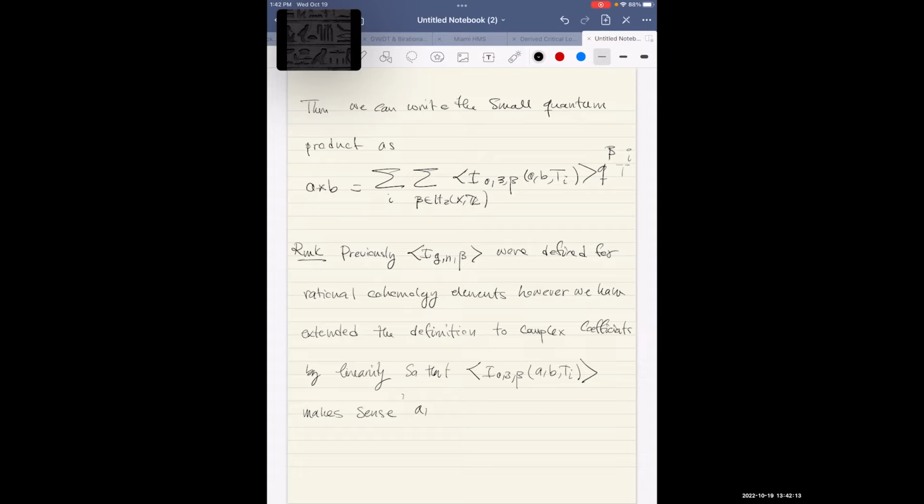So it makes sense for A and B in H upper star of X with complex coefficients. Yeah? So this is what it is.